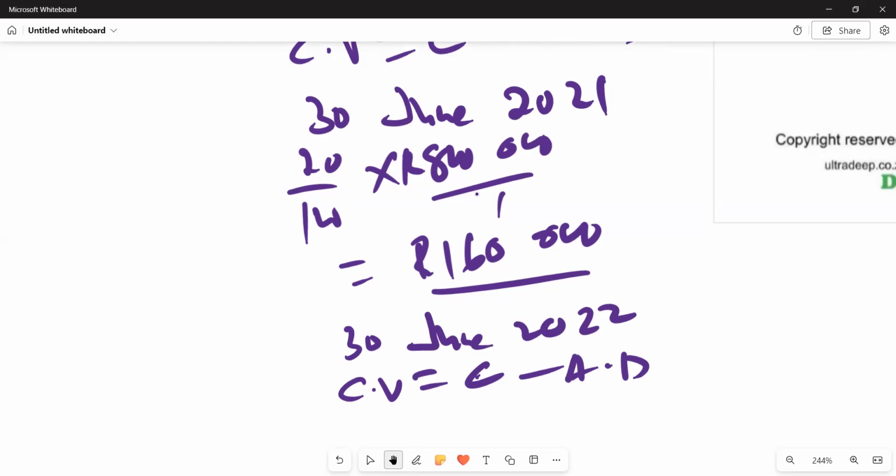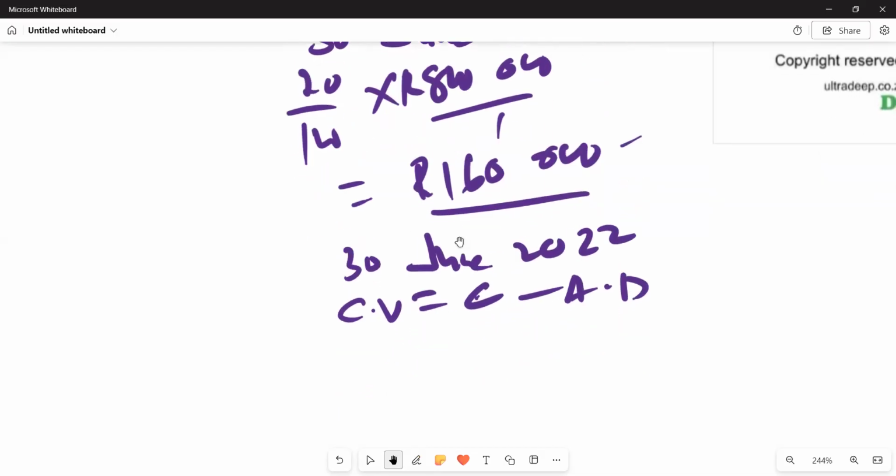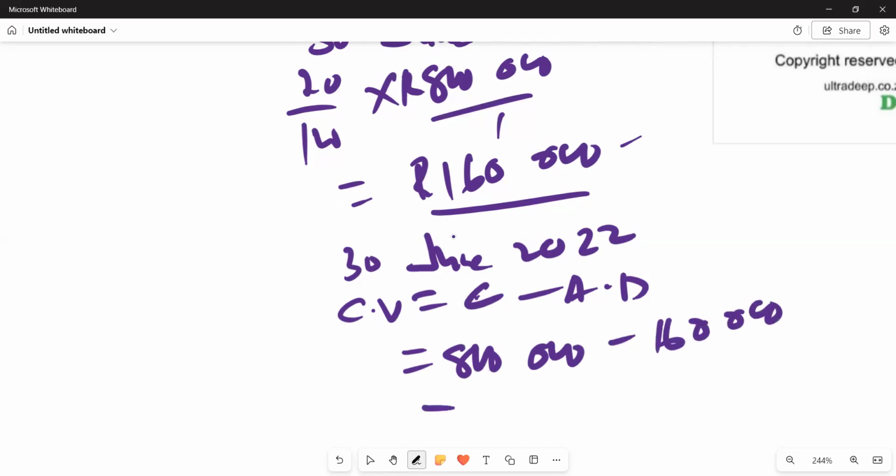So after 1 year, we had only 160,000. So that is the accumulated depreciation that we have in the second year. Our cost is 800,000. We subtract 160,000 to get the carrying value. So 800 minus 160 is equal to 640,000. This is our carrying value.